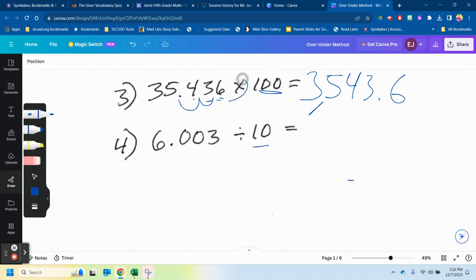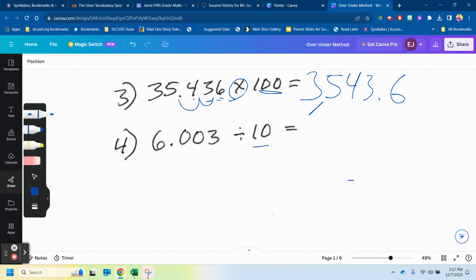I'm multiplying, so I move the decimal point to the right 2 places. When we multiply by something, it usually makes it greater. It's 35 100 times, so it's going to be about 3,000.